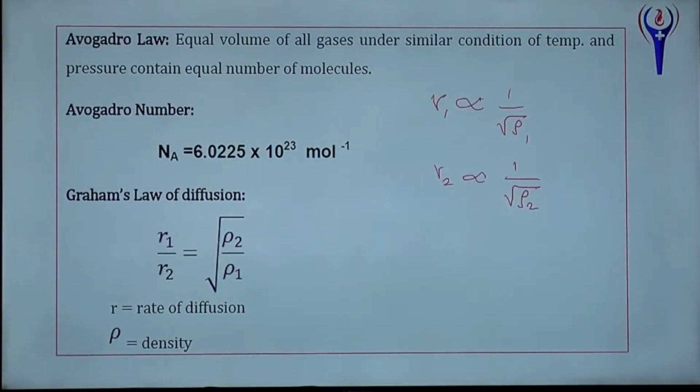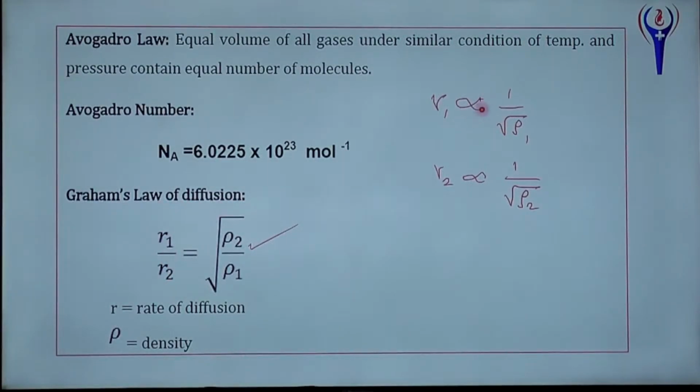Then R1 by R2, the proportionality will be removed, equal to square root of rho 2 by rho 1. That is only this formula. So R1 by R2 equal to square root of rho 2 by rho 1. This is the ratio of the rate of diffusion of two gases based on Graham's law.